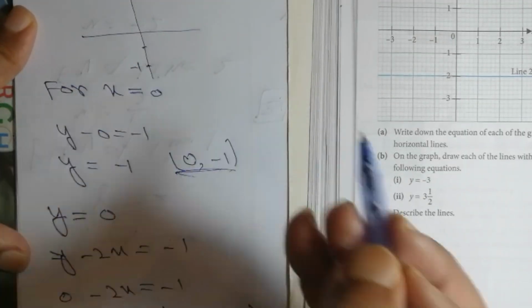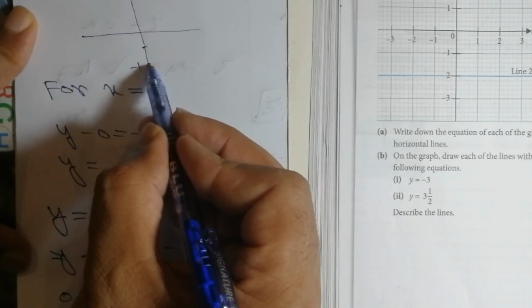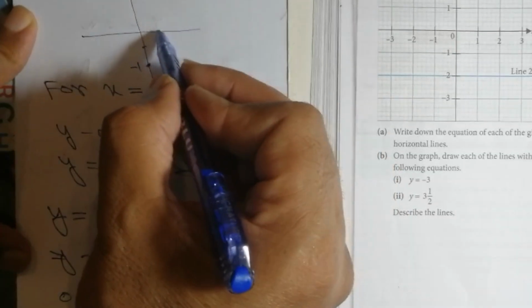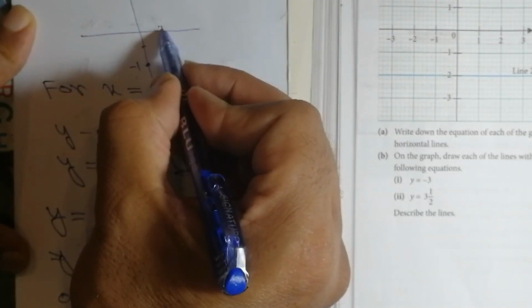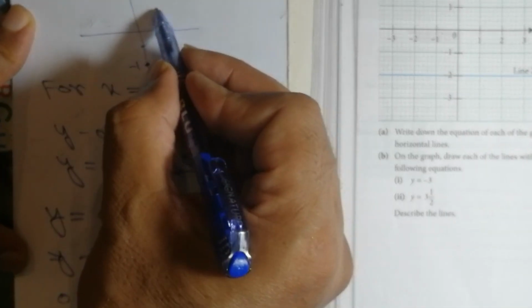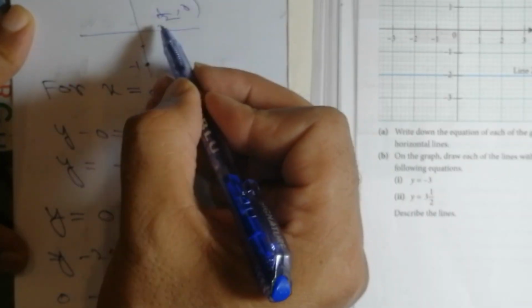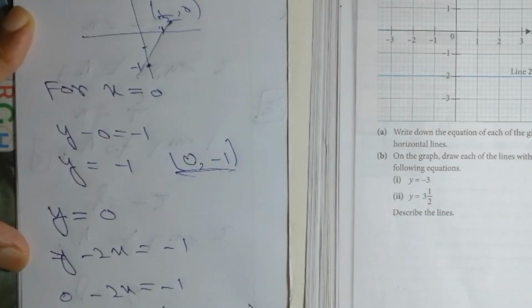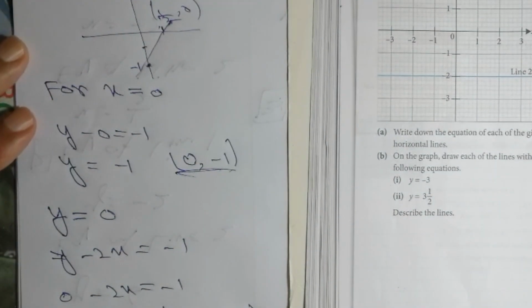So for this point, (0, minus 1) is here. And for 1 by 2, x is 1 by 2 here, the point (1 by 2, 0). So we can draw the line from these 2 points. Actually you need to plot these 2 points on the graph paper.